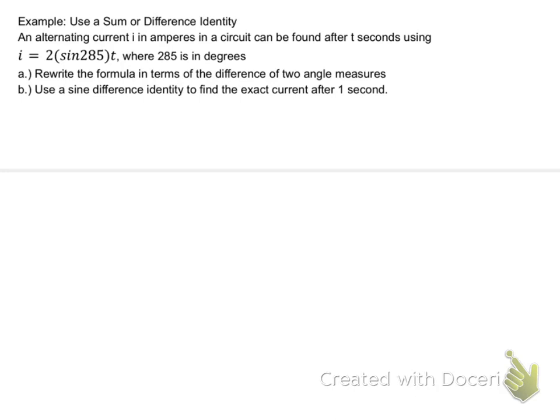No. So if I had to write part A down, I have to start off with I equals what? 2 times sine of, not 285 anymore, I'm going to have some angles in here, and then t, right?